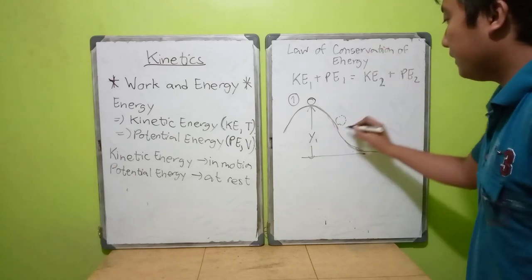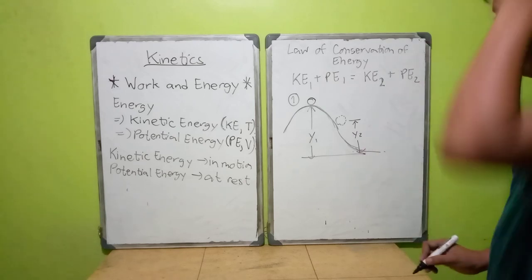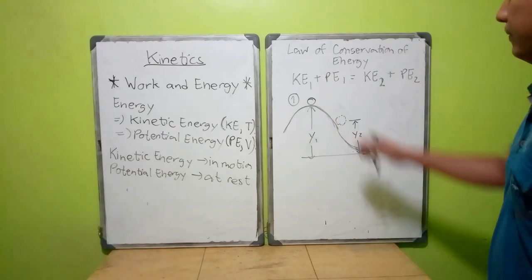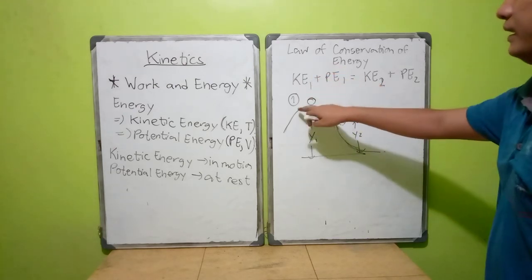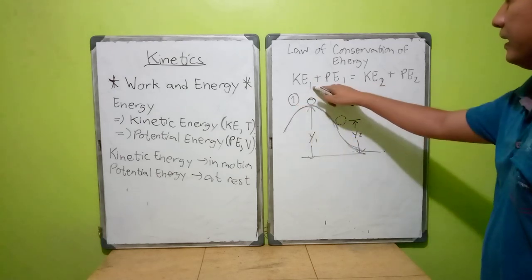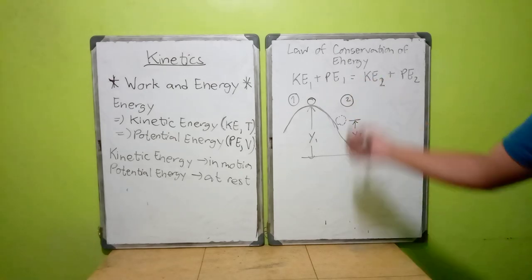Let us say this is y sub 1 and this is y2. This is the initial condition at 1, and then this is 2.